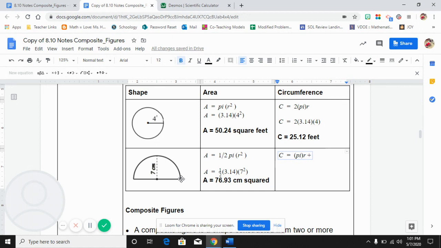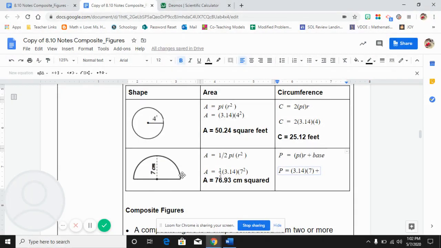So maybe let's say like the base. And let's figure it out. So the circumference is 3.14 times the radius, which is 7. And I'm not even going to call this circumference because this is actually just the perimeter of this half, this semicircle. And then remember, we have to include that base.